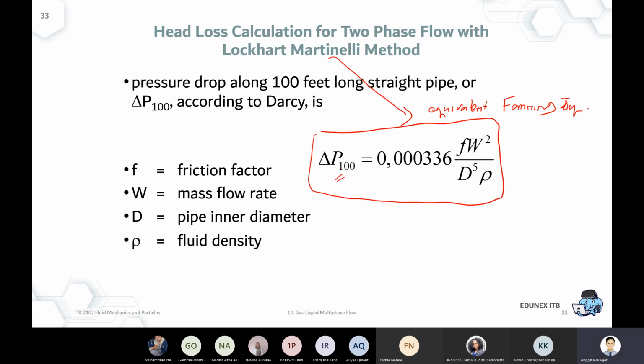I don't really mind if you calculate the delta P as a function of the friction factor F, L per D, and V square per 2. That's the typical calculation for the pressure drop, more or less something like that.